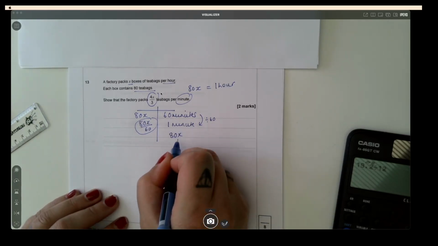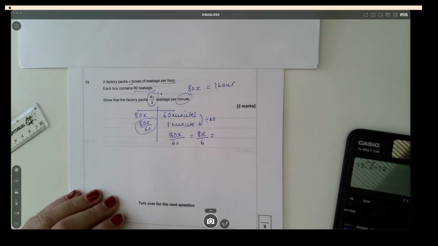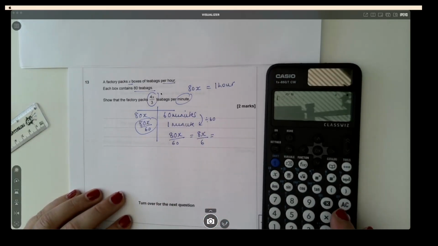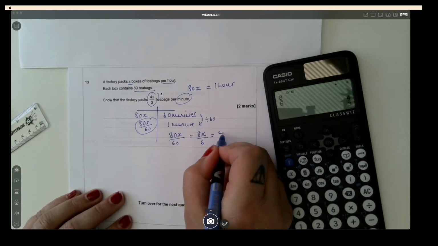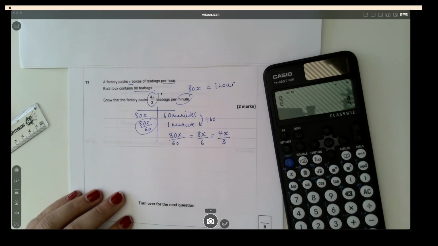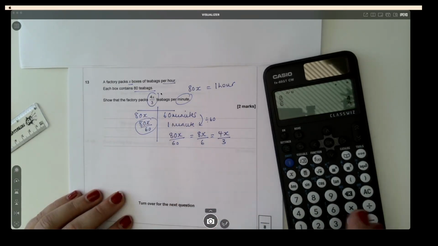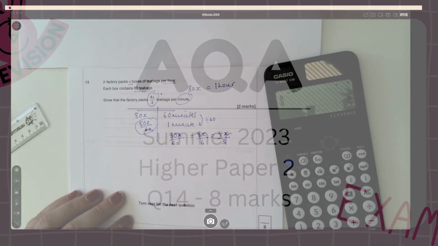So we've got 80x over 60, which is 8x over 6. Now a little trick here. If you put 8 over 6 as a fraction in your calculator, it will simplify it for you, which is 4 over 3. And obviously we've still got the x there. So we've shown that they pack 4x over 3 tea bags every minute.